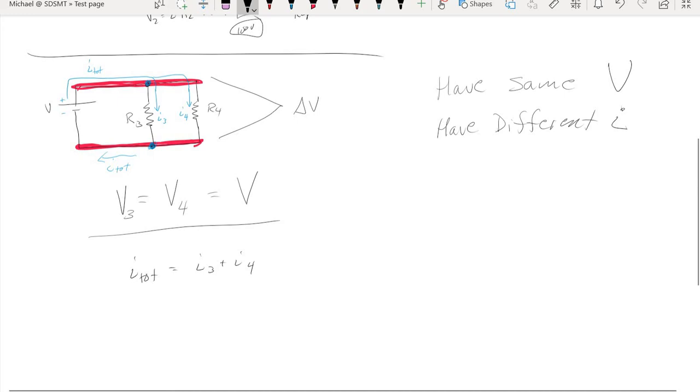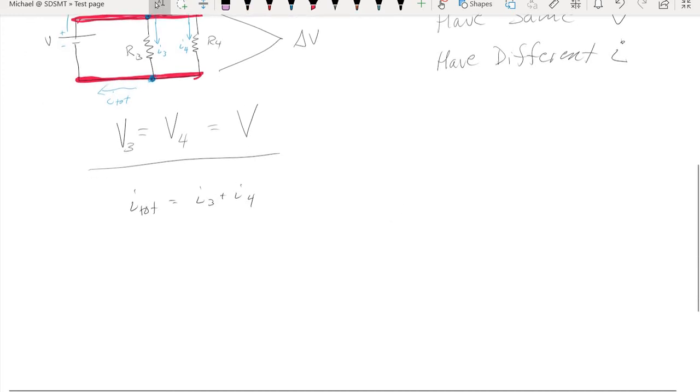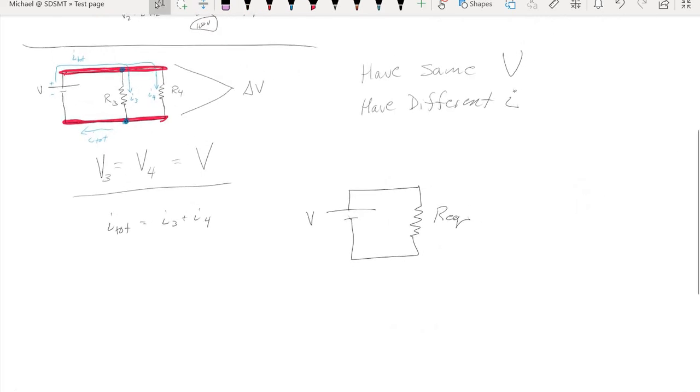Now we want to see, can we make an equivalent resistor? And for any circuit, we should be able to produce an equivalent resistance. And this equivalent resistor is supposed to do the same job as what resistors 3 and 4 are doing with their current combination. So what do we mean by doing the same job?